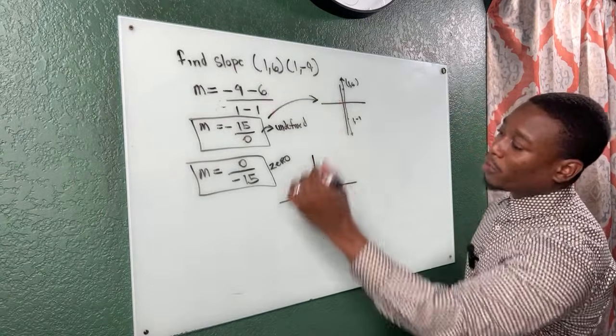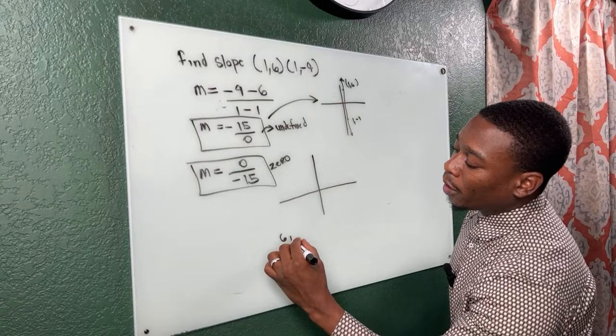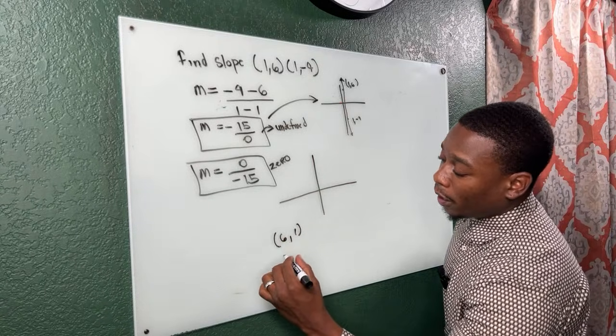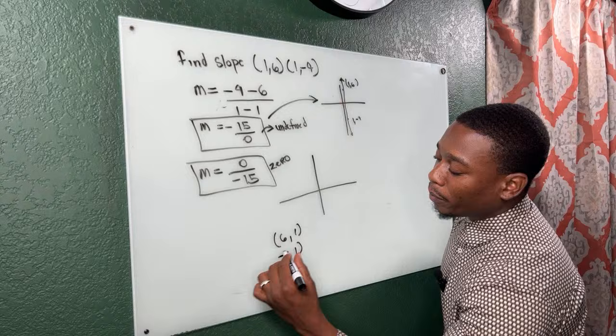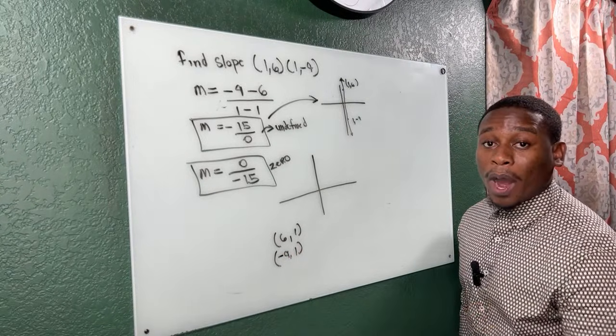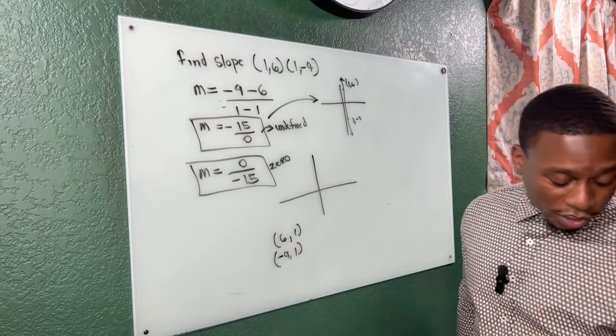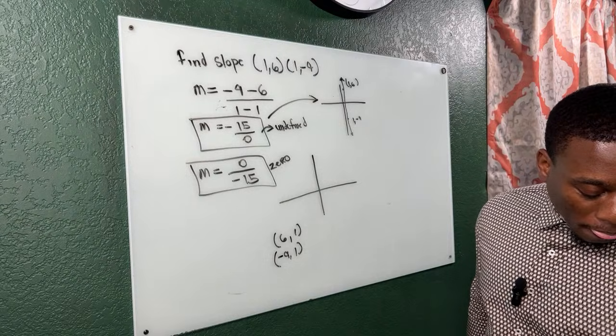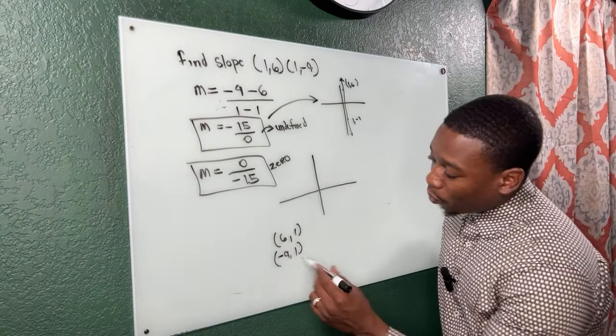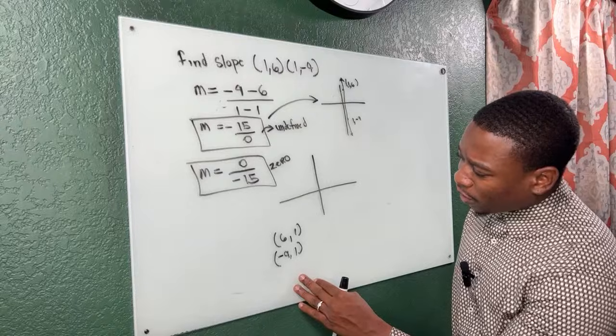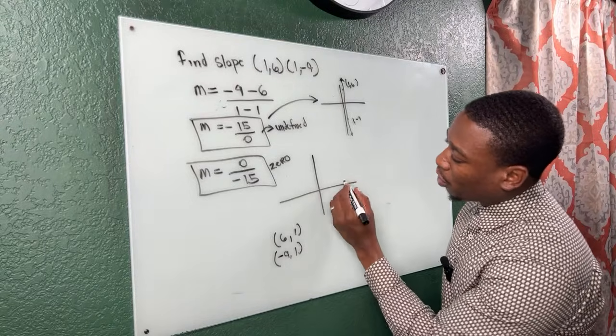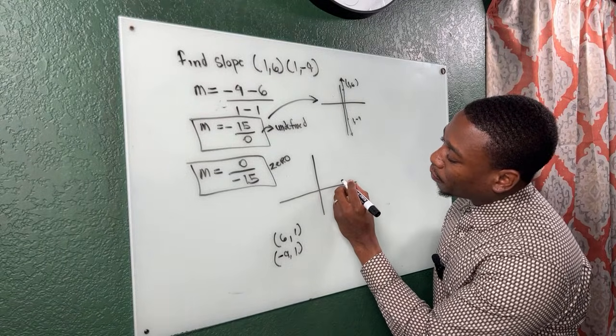So let's say I switch my points around. So I did this. I had (6, 1), and I had (-9, 1), meaning now I have the same y coordinates. How would that change everything? So when we go back now, let's say we did (6, 1). So I went out 6, right?